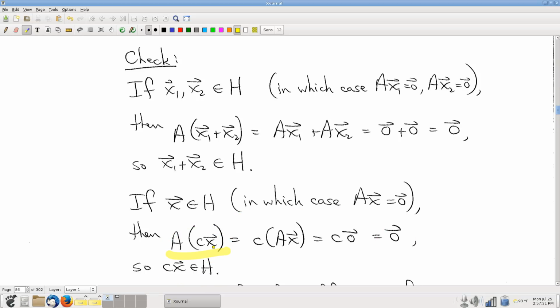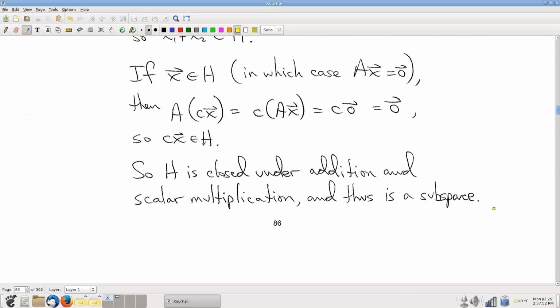So we compute this. This is true because of properties of matrix multiplication. By assumption that's equal to 0. And c times the 0 vector is the 0 vector as required, so that's in H. And so therefore H is closed under scalar multiplication. So we've checked closed under addition, closed under scalar multiplication, and therefore it's a subspace.